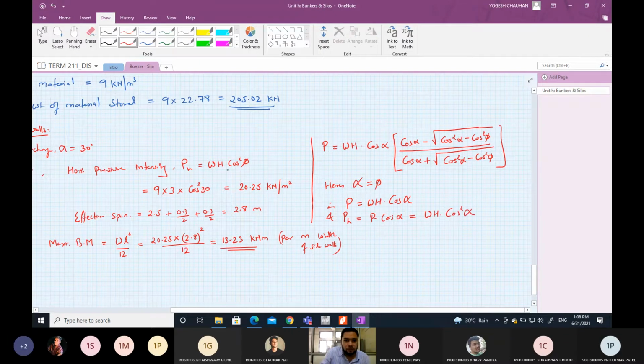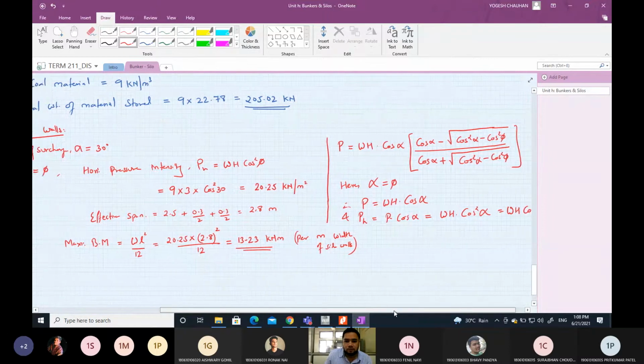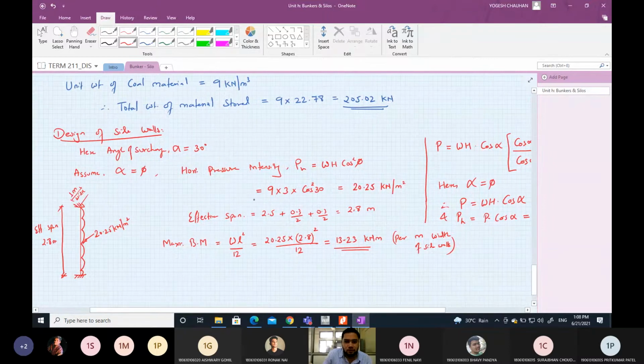So the same is written here. Now alpha is equal to phi, so you can replace that, it's equal to cos square phi. So it is W into H into cos square phi, so it will be 20.25 kilonewton per meter square. That is the horizontal pressure intensity.